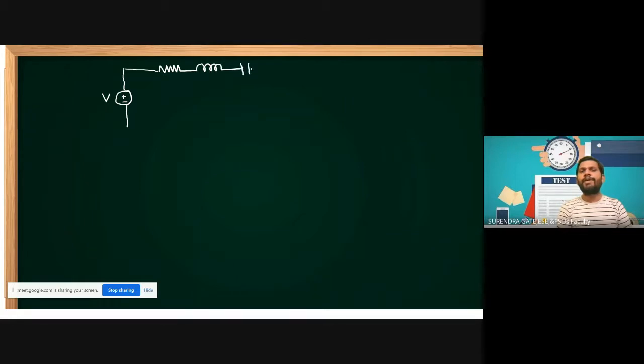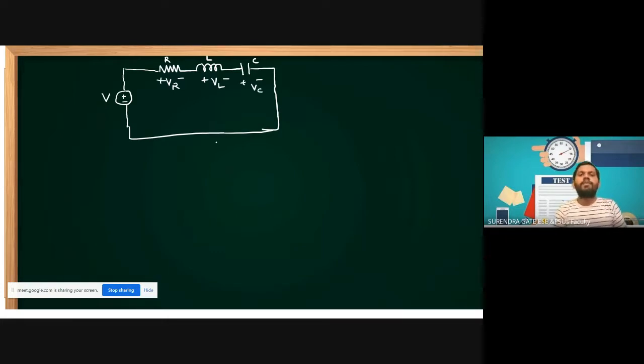KCL is also independent of the type of element connected in the circuit. Let this be R, this L, this C, with plus minus VR, plus minus VL, plus minus VC.